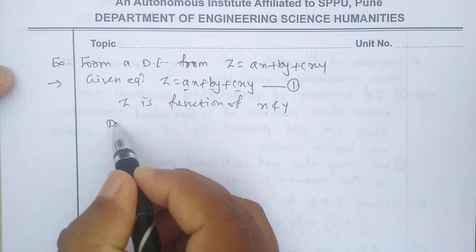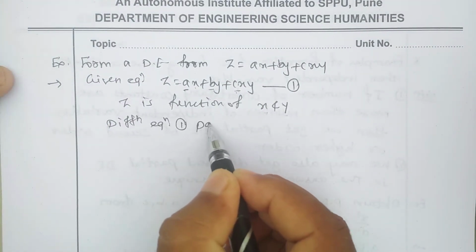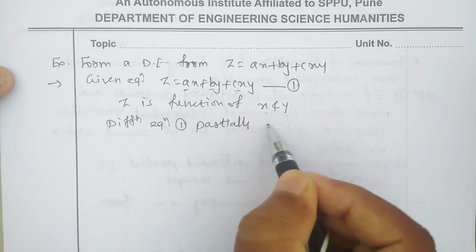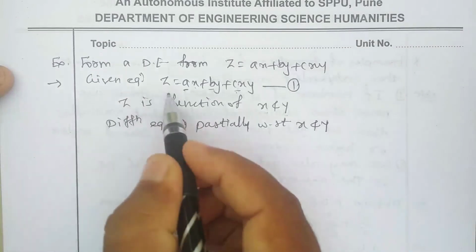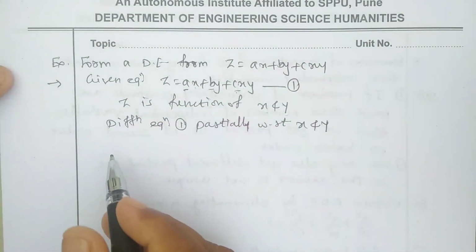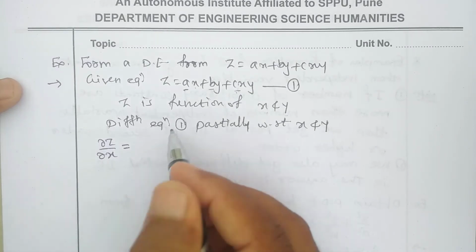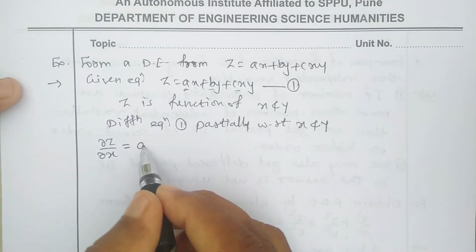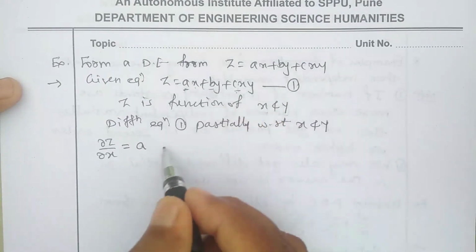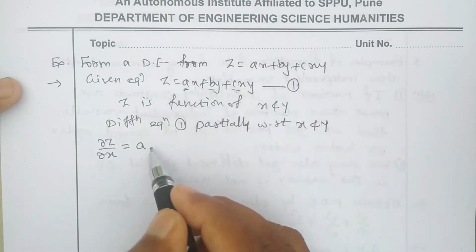So for that, differentiate equation 1 partially with respect to x and y. When you differentiate this equation partially with respect to x, you will get ∂z/∂x equals a, since the derivative of ax with respect to x is a, derivative of by is 0 because it is a constant term with respect to x, and derivative of cxy is cy.